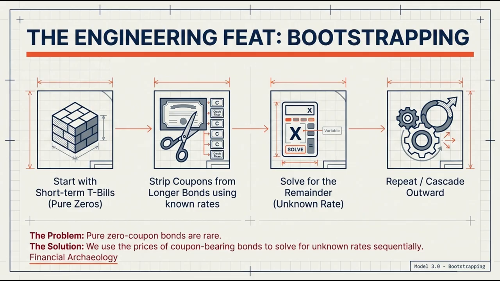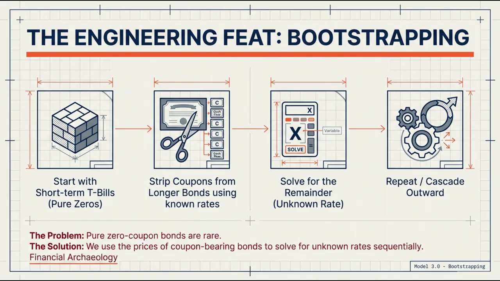It's a great question. If we relied only on observed zero coupon bonds, our yield curve would be sparse and incomplete. We'd have huge gaps. Huge gaps. So the market relies on the bootstrap method to generate a dense, robust zero curve from the prices of these coupon-paying instruments. It sounds like financial archaeology, like digging up the pure rates that are buried inside these messy coupon bonds.